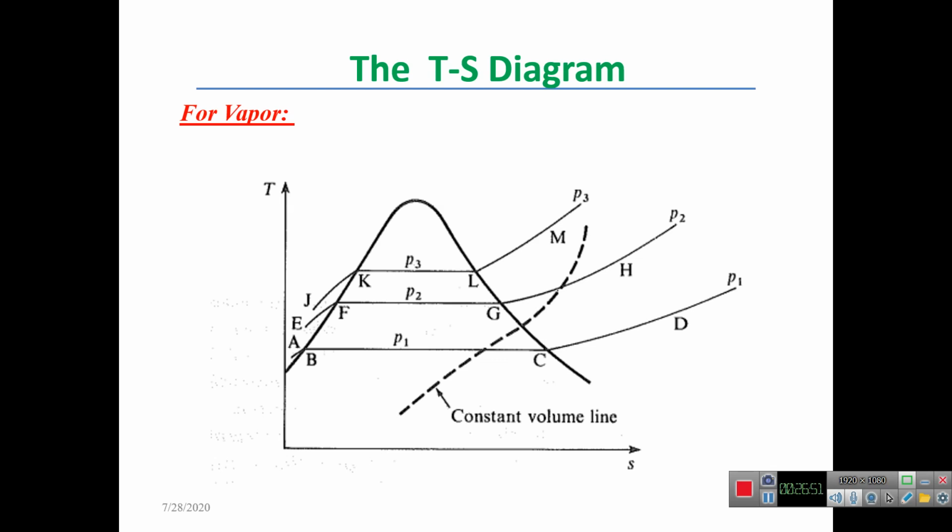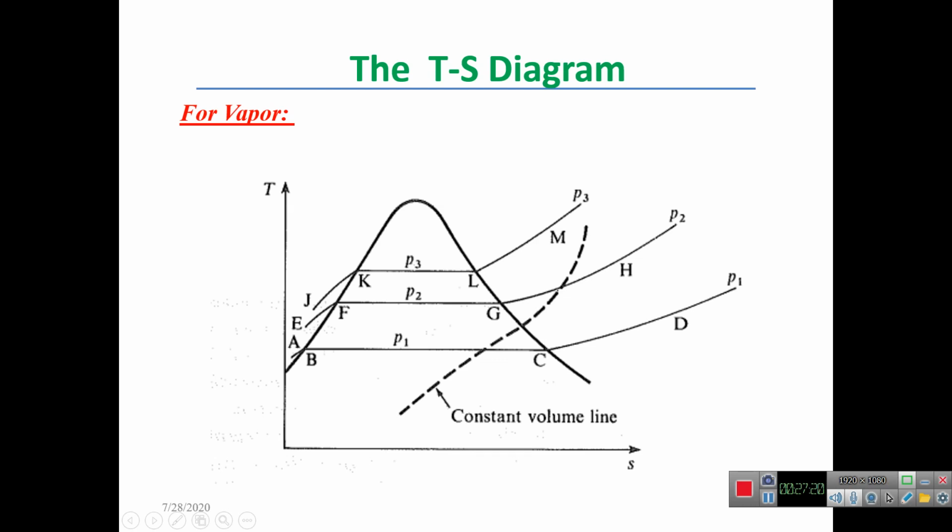Now the temperature within the wet region here is constant. It coincides with this line, so this is a constant temperature, if you like, T3, and this line is a constant temperature T2, and this line is a constant temperature T1.